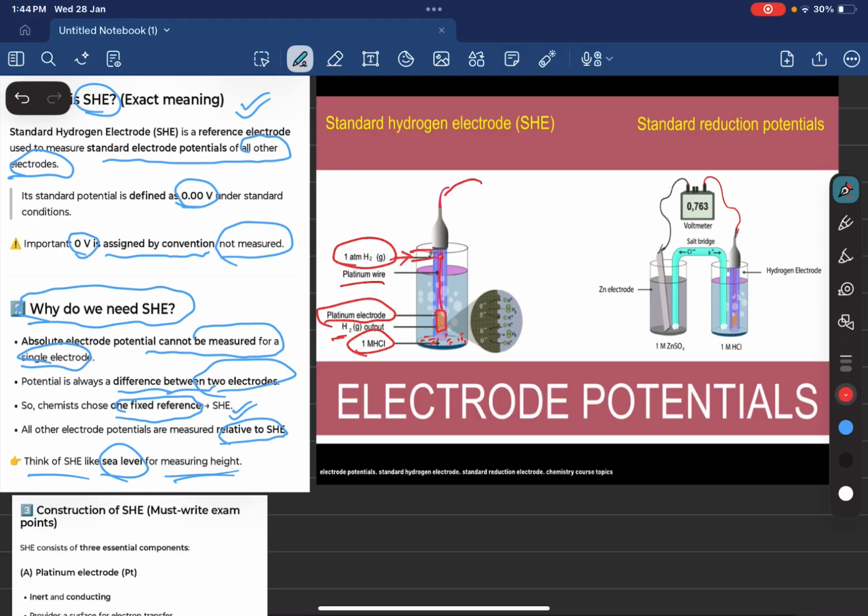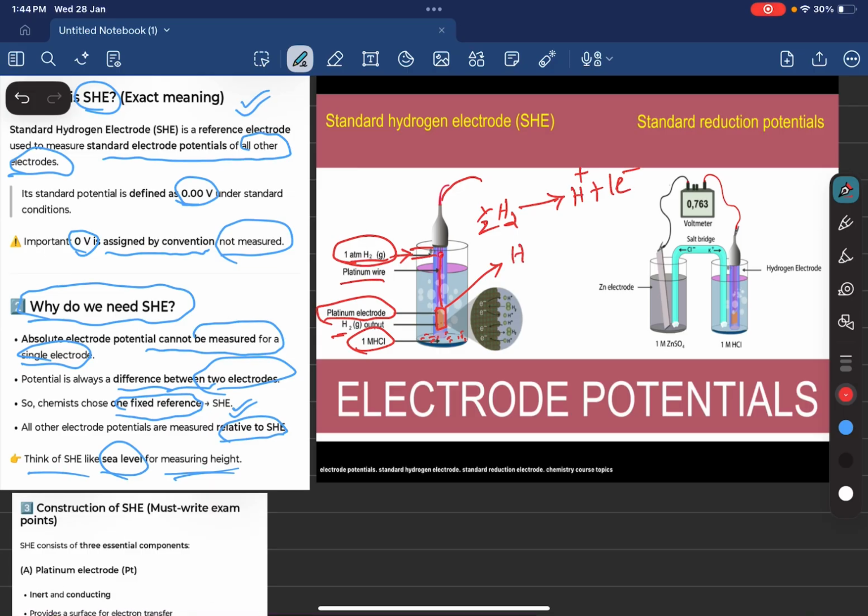When the hydrogen gas enters the cell and touches the platinum electrode, it undergoes oxidation: 1/2 H2 gives H+ plus electron. This is oxidation. Similarly, H+ accepts electrons and becomes 1/2 H2 when the H+ ions from the electrolyte touch this electrode.